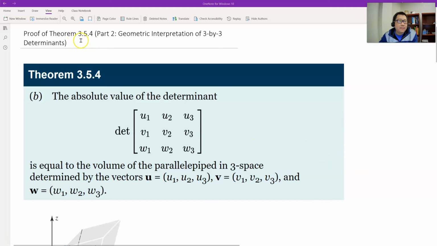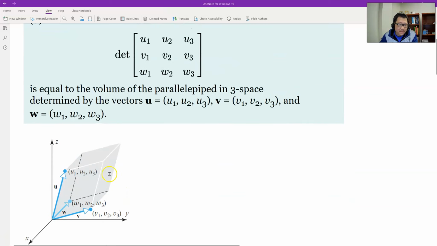In this video, let's prove Theorem 3.5.4, the second part, the geometric meaning of 3 by 3 determinants. The theorem gives us that the absolute value of the determinant of a 3 by 3 matrix is equal to the volume of the parallelepiped, which is here, and this box equals the value of this box.